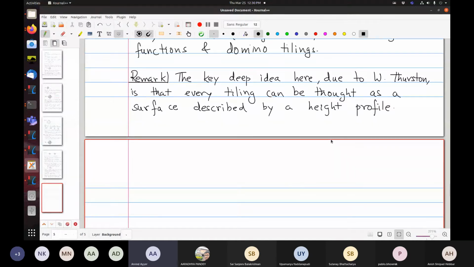Many of these people were influenced by Thurston, and he had written this influential paper, On Conway's Tiling Groups, where he found this way of describing it. When I say something about random tilings later on, what this corresponds to is a random surface, and that point of view is really useful and powerful.